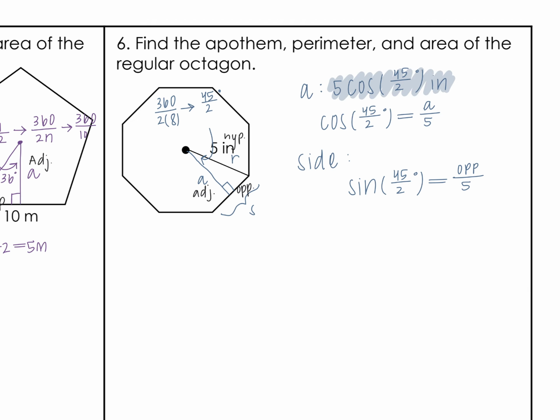Okay, like up above, since we have that number in my denominator, I'm going to move it to the other side by multiplying it to get 5 sine of 45 over 2 degrees is equal to that opposite. Now keep in mind, once again, this is my opposite. In order to find the full side length, I'm going to need to multiply this by 2.